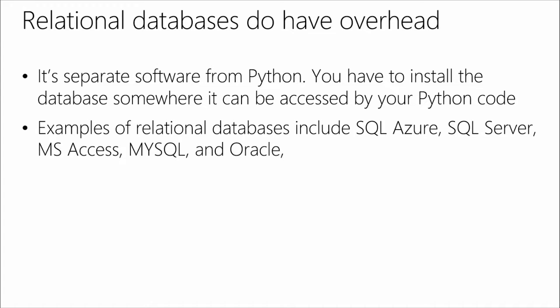So examples of relational databases include SQL Azure, SQL Server, Microsoft Access, MySQL, Oracle. Those are all examples of relational databases, but that's a separate product. You have to go install SQL Server, and then you have to create a database on SQL Server, and then you have to create your tables, and then you have to load it with data, and then you go to your Python code and you say, connect to that database I made over there. Go look in the table I made over there and start inserting data into it. So there's a lot more upfront work involved.